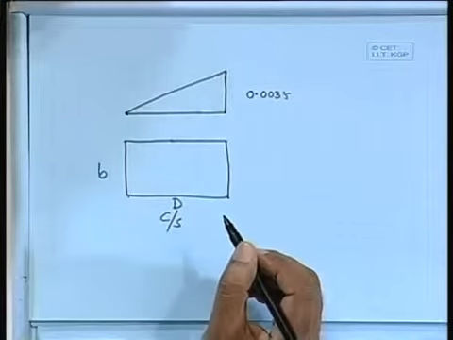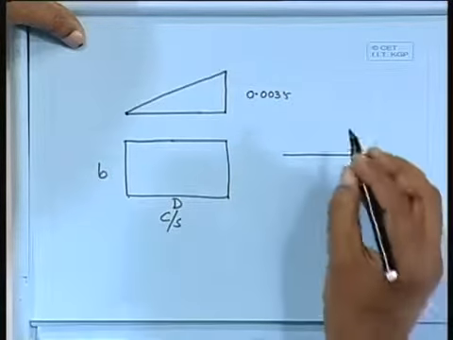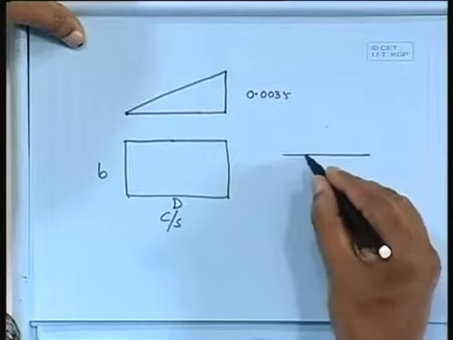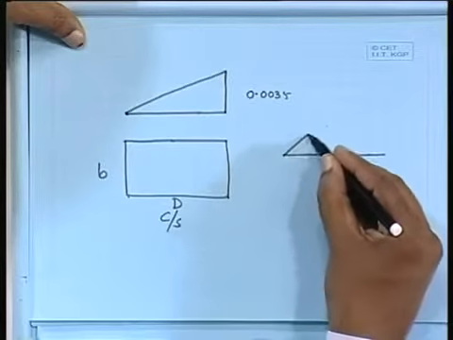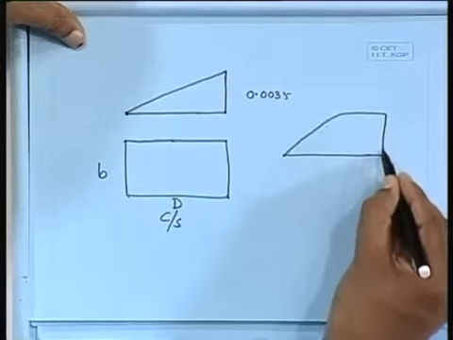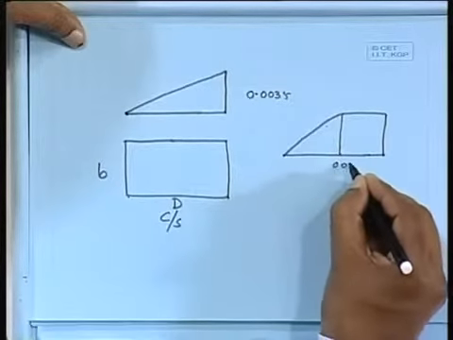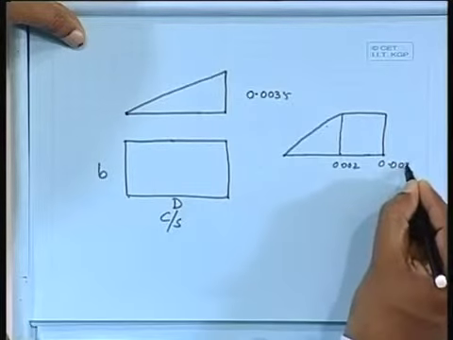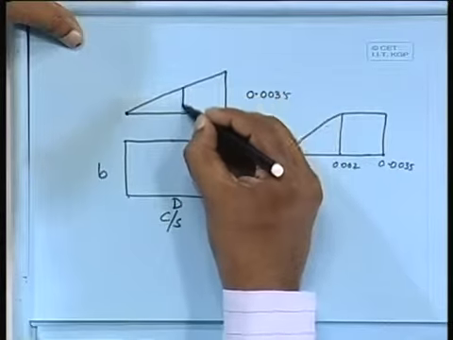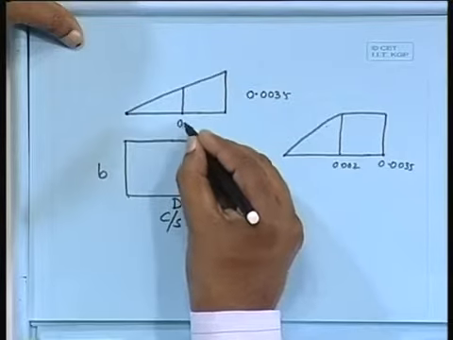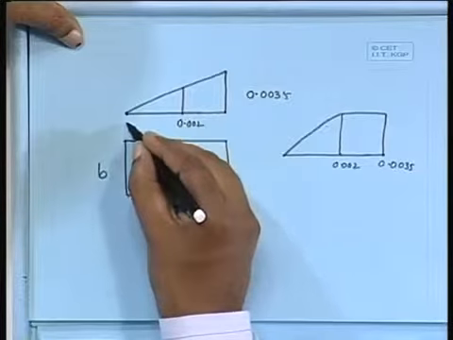Where will then your 0.002 be? It will be somewhere here. So, 0.002 and 0.0035. We get the 0.002 strain somewhere here. How much is this portion?